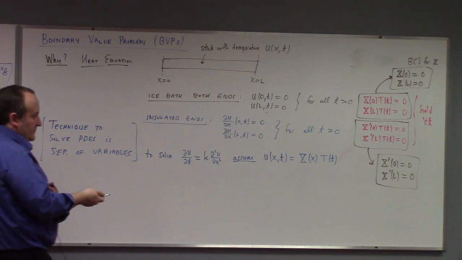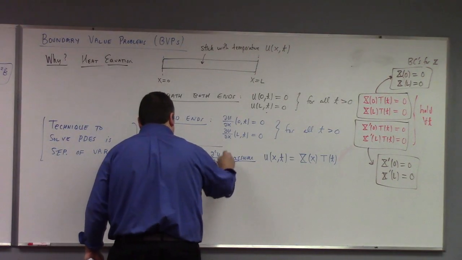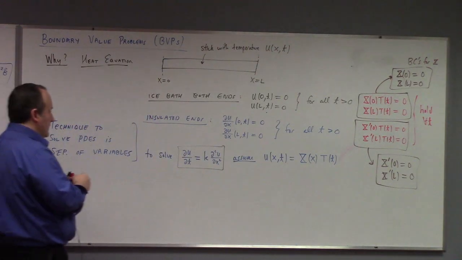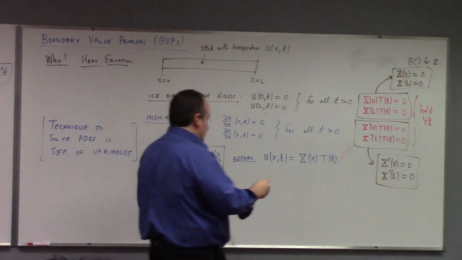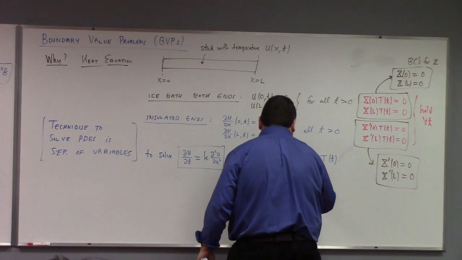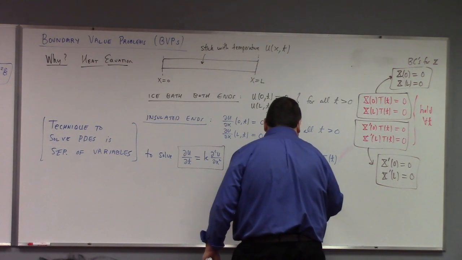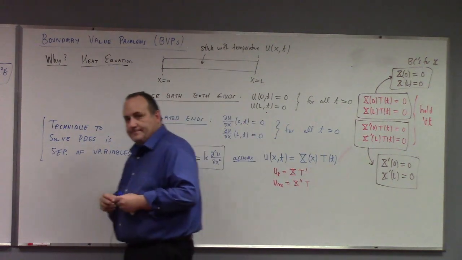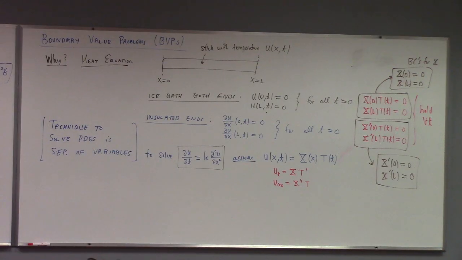But what else can you say about X? Well, notice that we've got this differential equation we're trying to solve. So what happens when we plug the product solution into that differential equation? Notice that u sub t is just equal to X times T prime, and u sub xx is just equal to X prime prime times T. Where we, of course, mean for the prime on each part of the solution to be the derivative with respect to the variable that part is a function of.